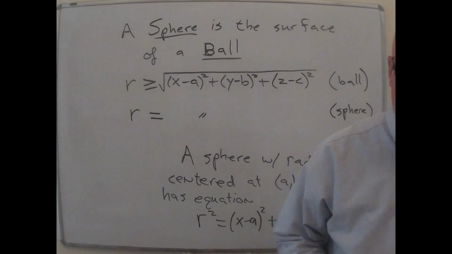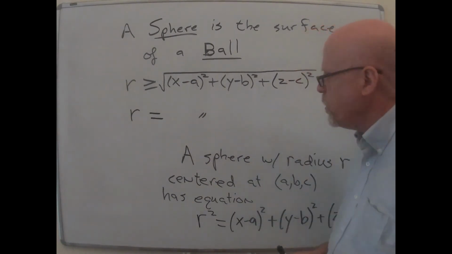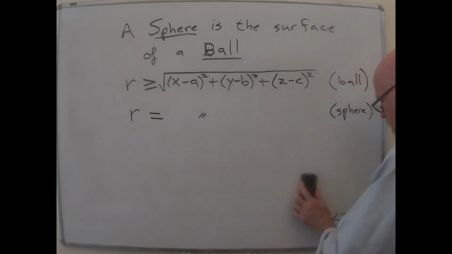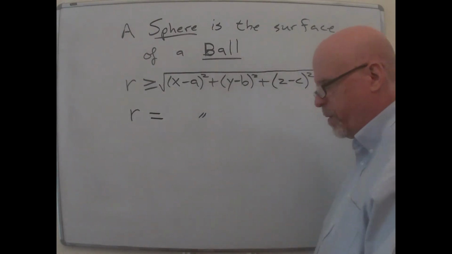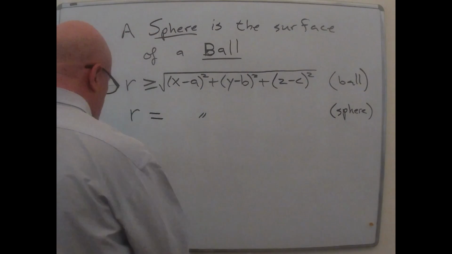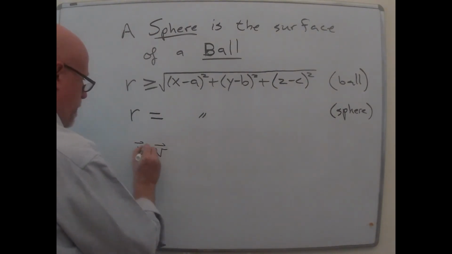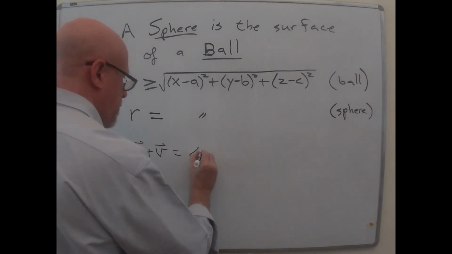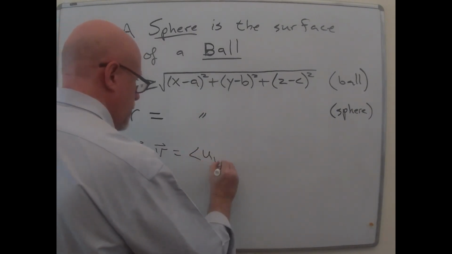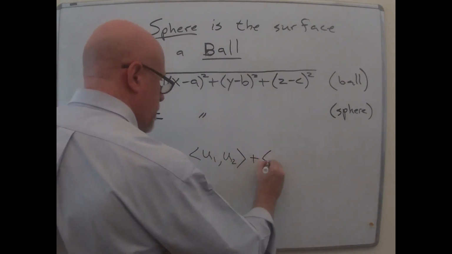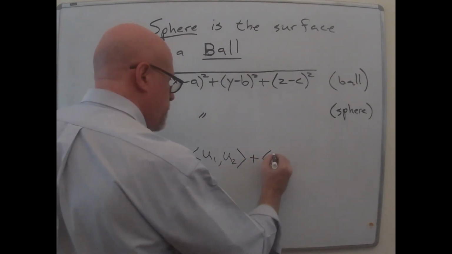There's a little section in the book where they talk about doing the vector operations in 3D. And it feels really repetitive to me. Remember we did things like u plus v, and in coordinates that was u1, u2 plus v1, v2.